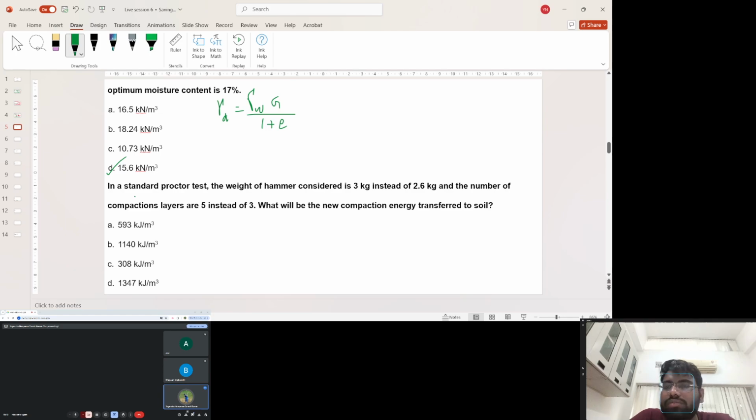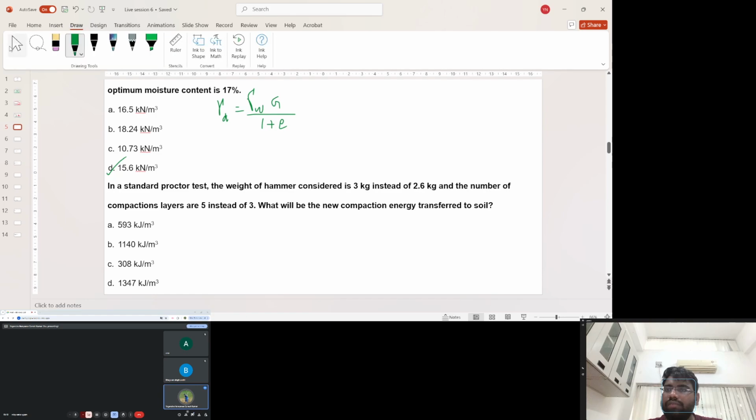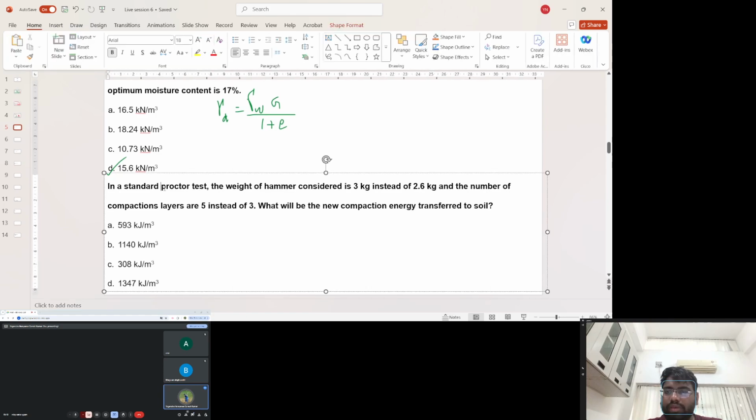Now, coming to the next question. In a standard Proctor test, the weight of the hammer... it is not a standard Proctor test, but in a compaction test, let me just reframe this question. A standard Proctor has fixed specifications.